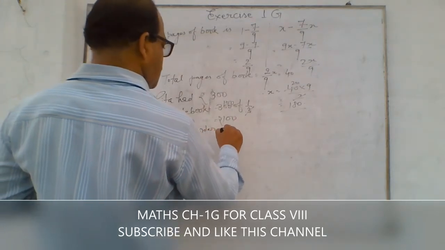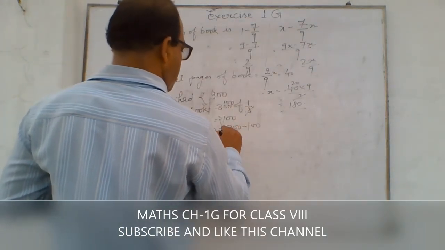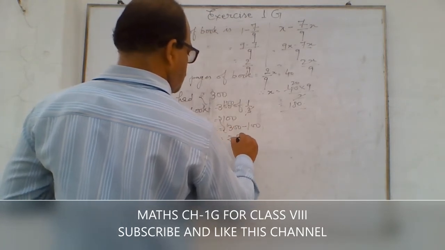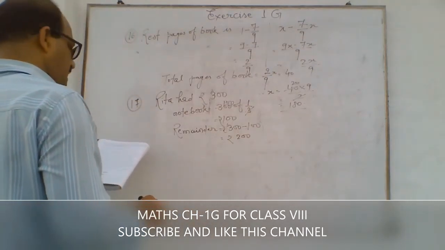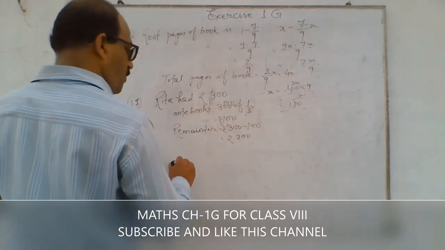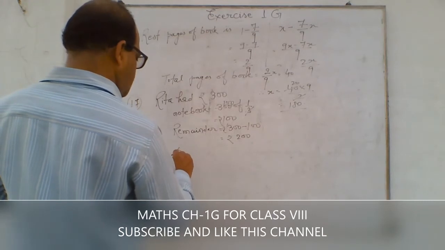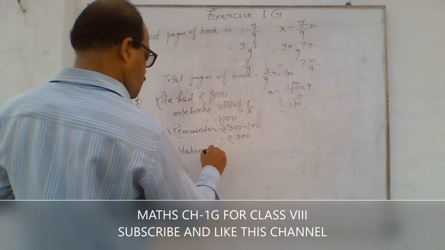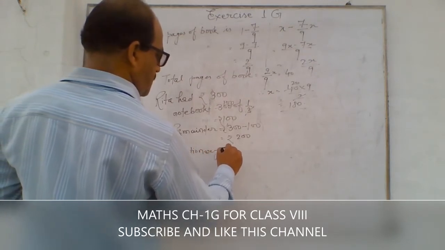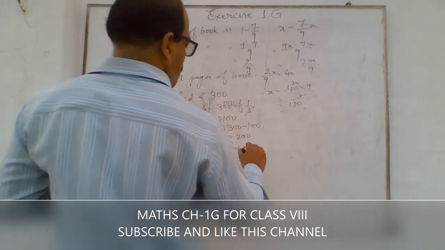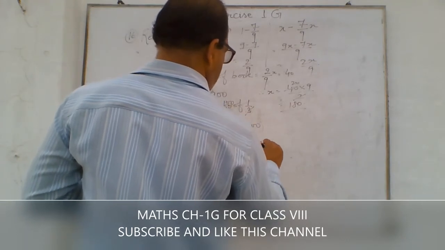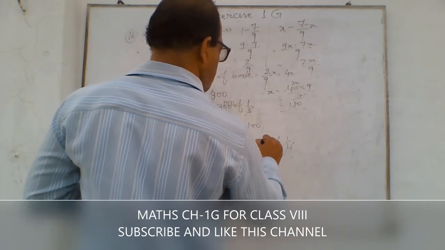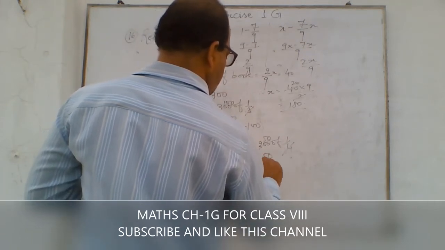Remainder is equal to 300 minus 100, which is rupees 200, and she purchased 1 by 4th. So on a stationery item, rupees 200 of 1 by 4, 50 rupees.